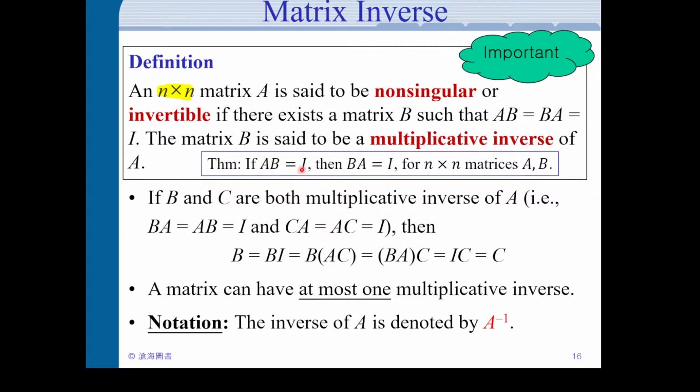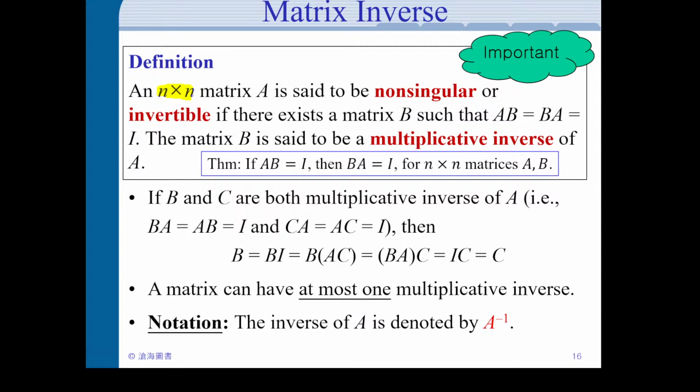The theorem is that if AB equals the identity, then BA also equals the identity for square matrices A and B. With this theorem, the matrix inverse is a matrix B such that AB equals the identity and BA equals the identity. Then we want to prove that the matrix inverse is always unique.